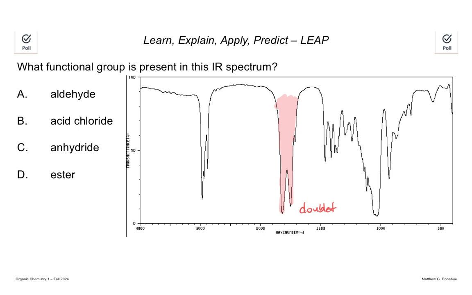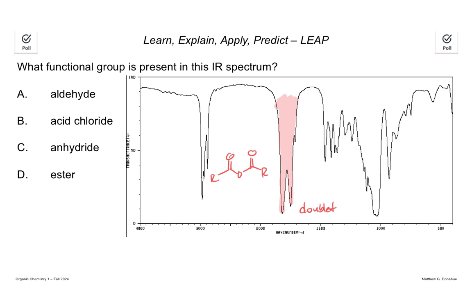An anhydride? So an anhydride has 2 carbonyls. And the reason that you see 2 signals there is they sort of each act independently. They can both stretch in the same direction at once. That would be symmetric.